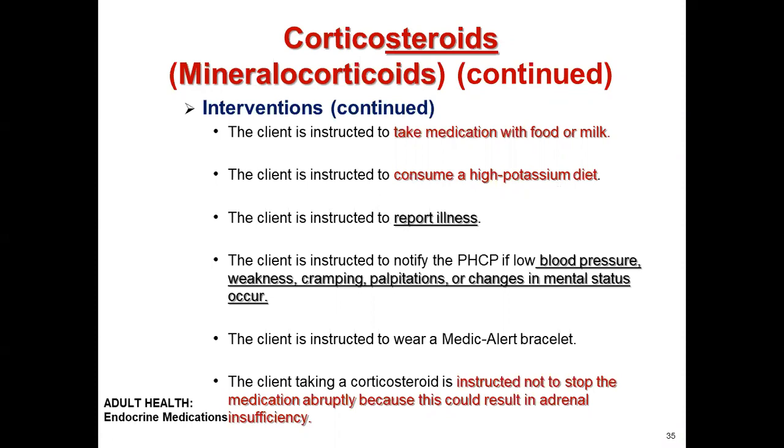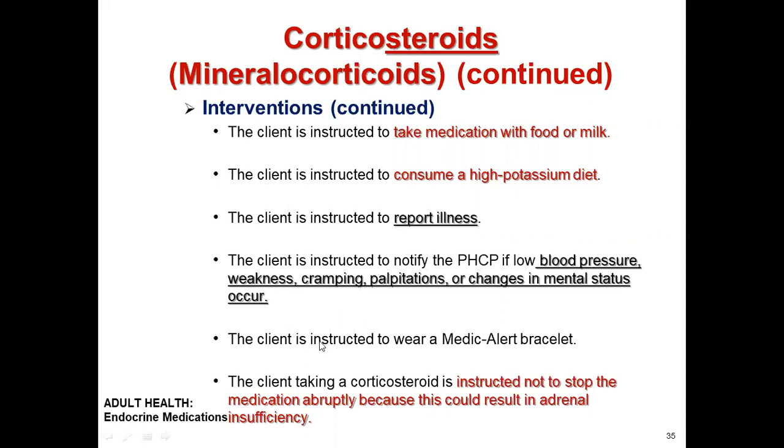Because immune system suppression is more common. The client is instructed to notify the healthcare provider of low blood pressure, weakness, cramping, palpitation, or change in mental status, because mood changing is also a side effect of steroid.